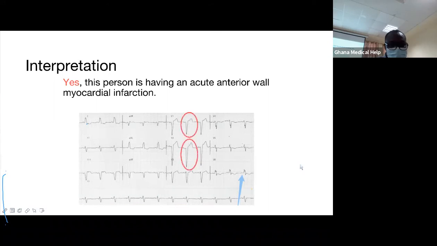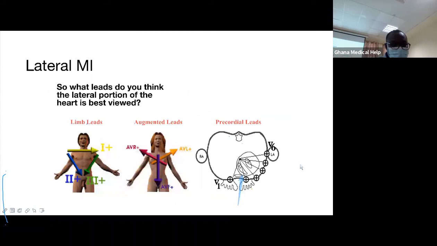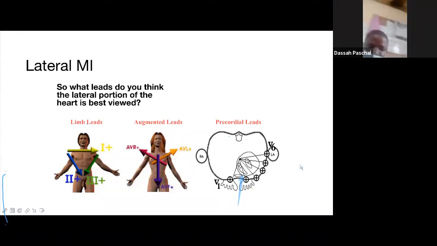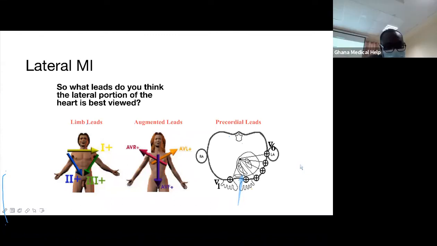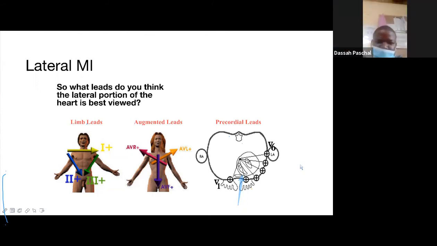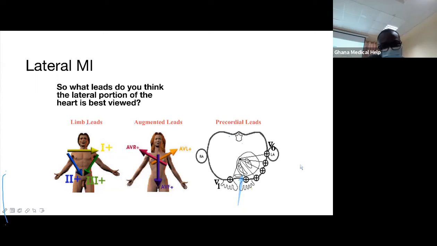Okay, I think we have answered this, and we can see V1, V2 is elevated. So let's look at the ones that look at the lateral side of the heart. We said that we have limb leads, augmented leads, and precordial leads, made up of 3, 3, and 6. In terms of the limb leads, which of them look at the lateral aspect of the heart?